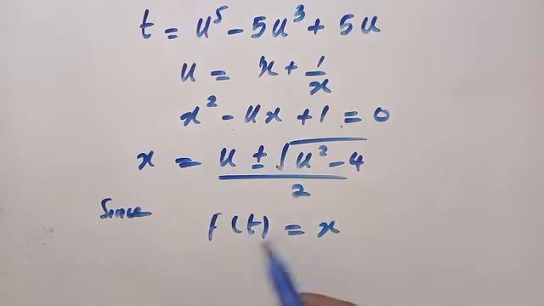Because we have already replaced the whole domain with t, we have f of t equals x, and t equals u power 5 minus 5u raised to power 3 plus 5u. So t as a function of u is of degree 5 in u, and it's not simply expressed in radical form from t.